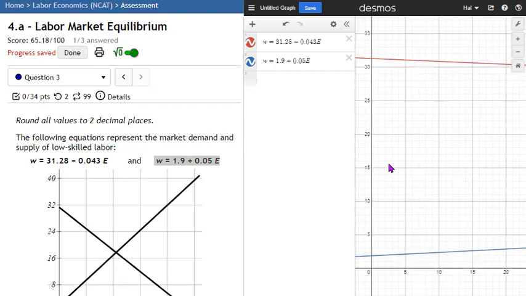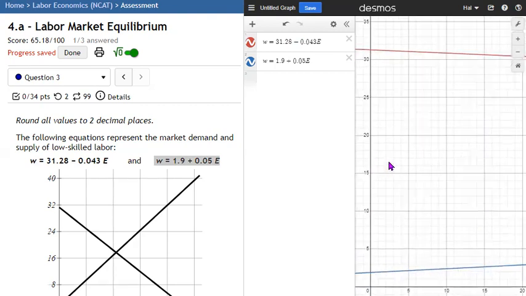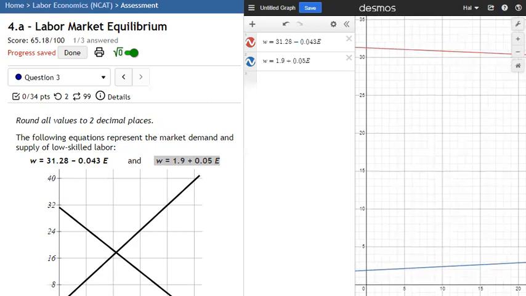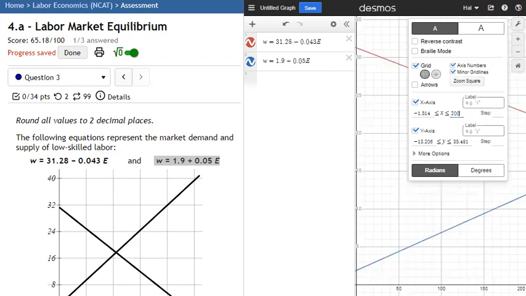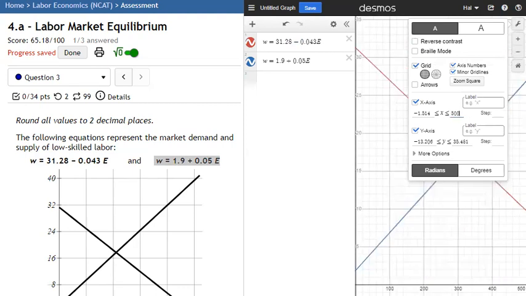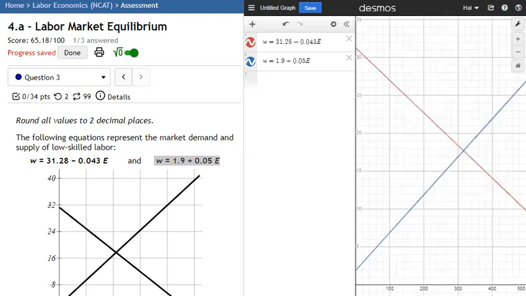We just need to change the scale here. So I'm going to click on the wrench here, and I'm going to increase E to, I don't know, 200. See what happens. Well, it looks like I need to go to maybe 500. Yeah, there we go. That'll work. Okay, so we've got labor demand and labor supply.